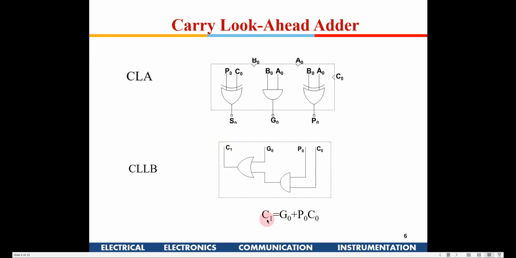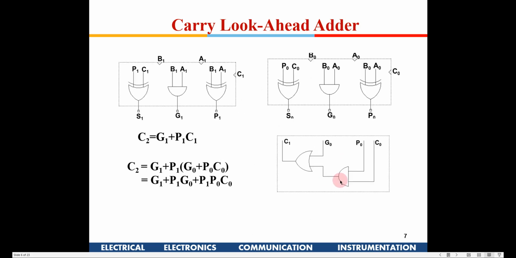So I can write the expression for carry as G0, that is generate 0, plus P0, propagate 0, times carry 0. Is this block understood by all of you? Yeah, Damodaran, is that okay? So this is how a carry look ahead adder basic block looks.